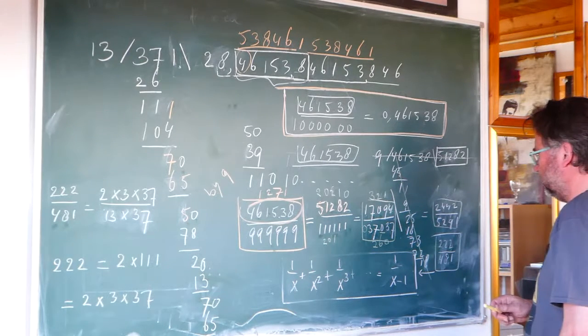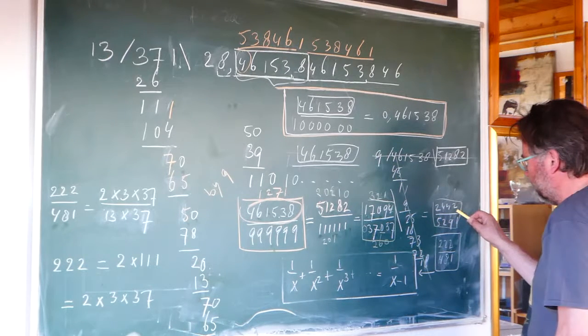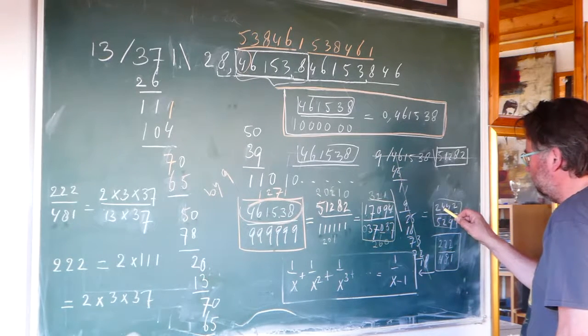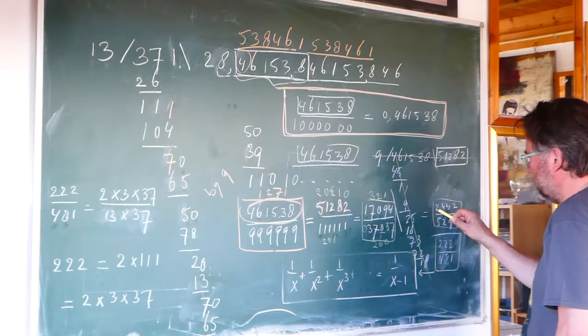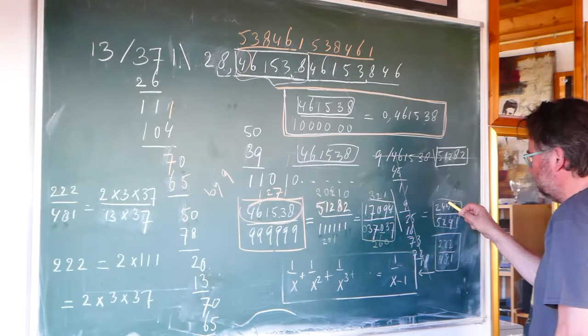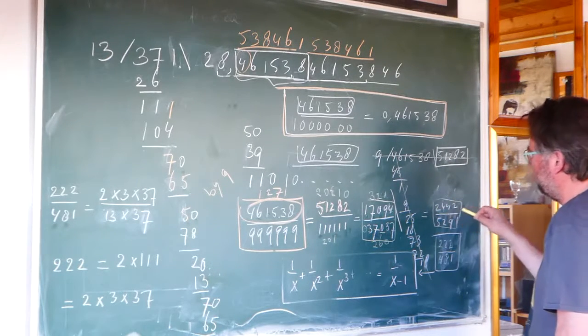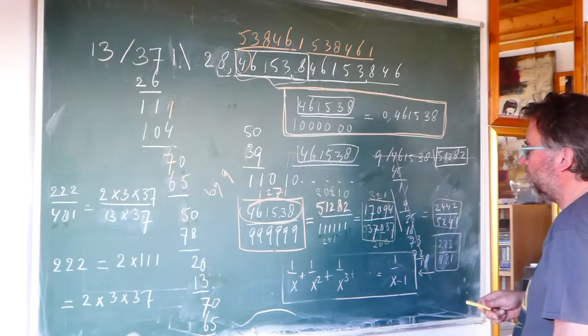Let's see if it divides, gives another 7. It would give me 2, 1, 3 left. 3, 4, 28, 6 left, 6, 2. This is not divisible by 7. Okay? So I'm done with the 7s.